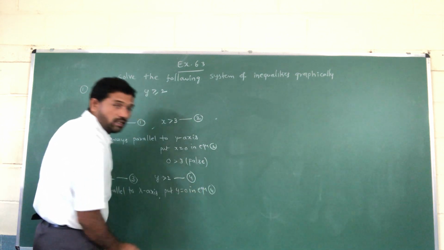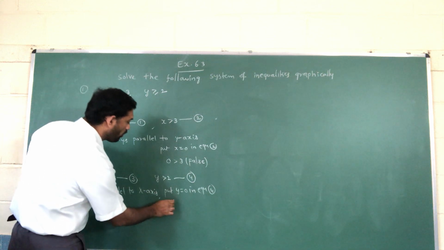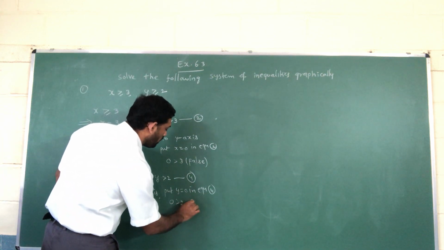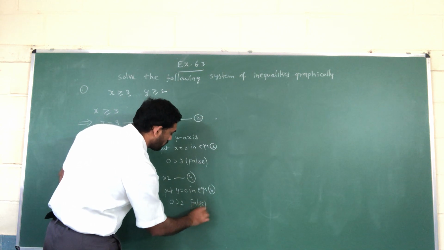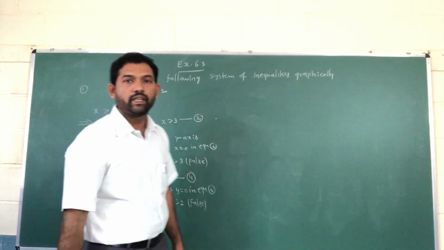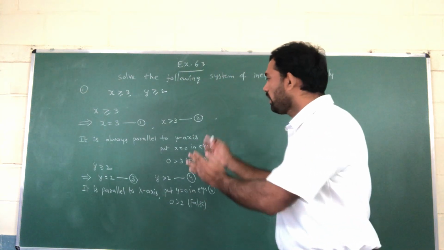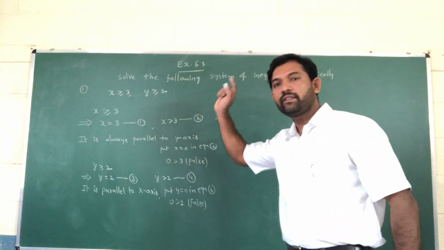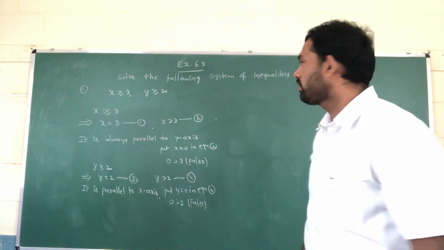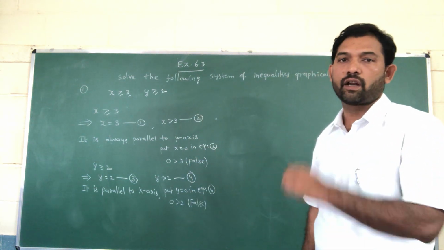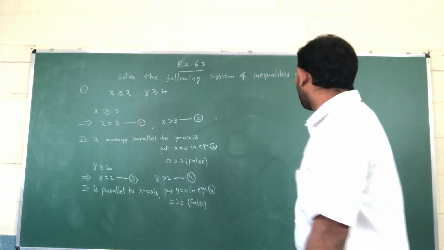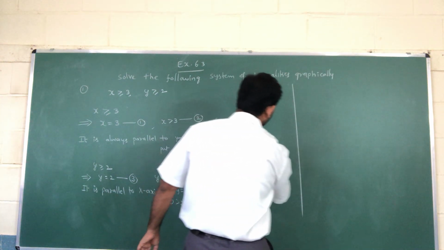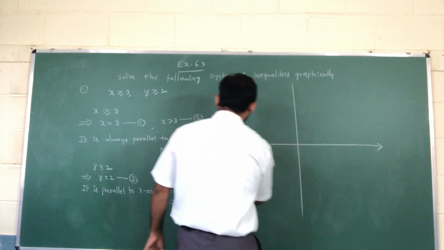Then what happens? 0 is greater than 2, which is always false. So that is the inequalities simplification. After that you draw the graph.